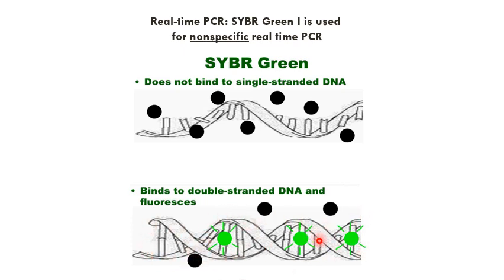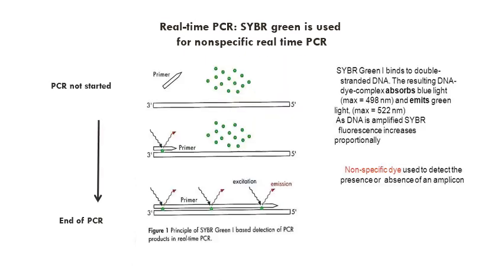It will enter the assay as double strand, and it will interfere, as you can see, inside the double stranded DNA. So once you have a primer, the primer will attach to its specific location, and the PCR will start. And once it reaches the dye, it will report. These red arrows are reporting the signal.